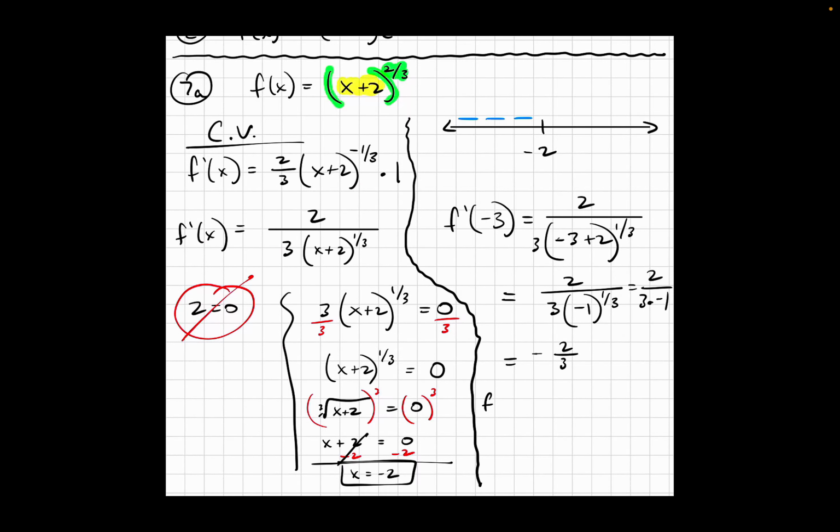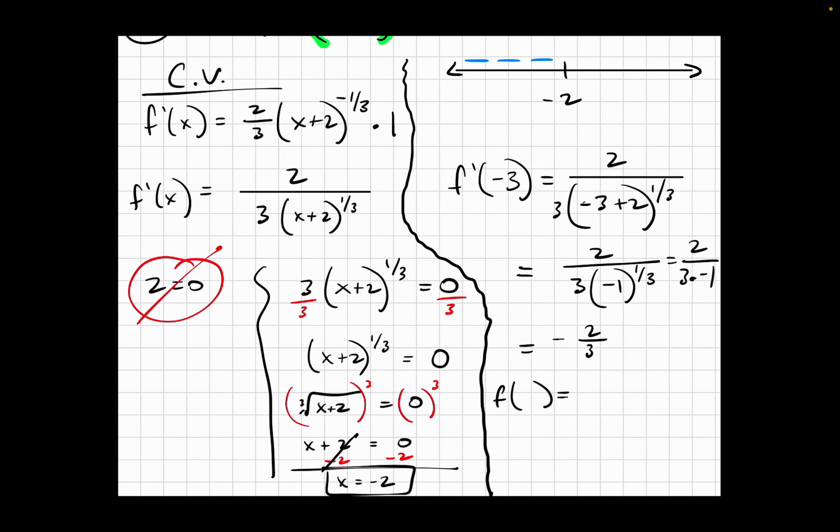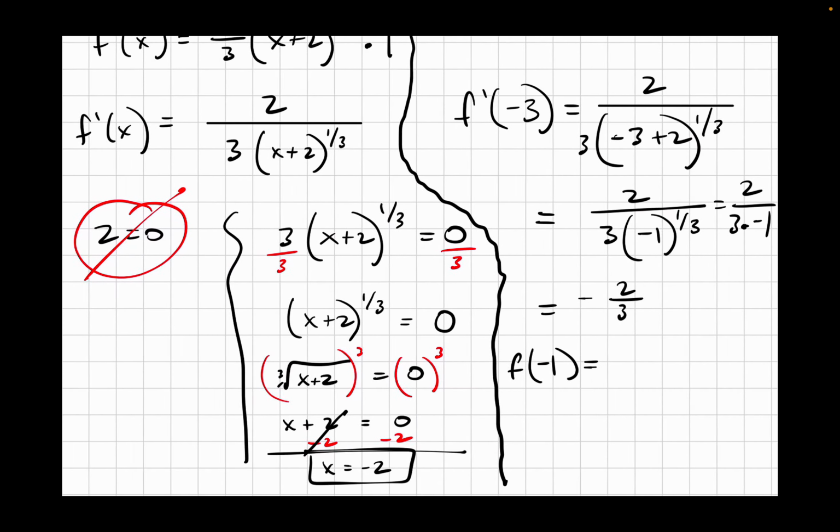Okay. Now let me plug in a number that's bigger. Negative 1, 0, 1, 2, any of those numbers. I'm going to pick, you know what? I'm going to pick negative 1. There's a reason I'm going to pick negative 1. It's because of the cube root. Normally I would pick 0, but for this one I picked negative 1 for a reason. So plug it into the first derivative.